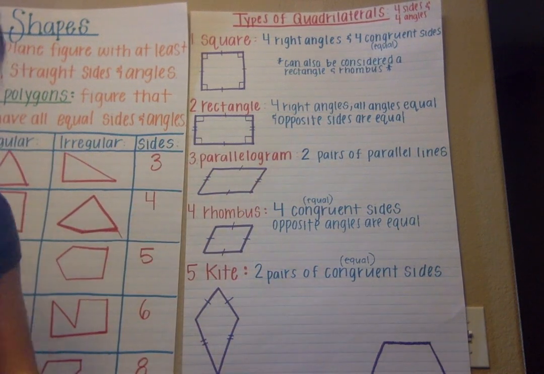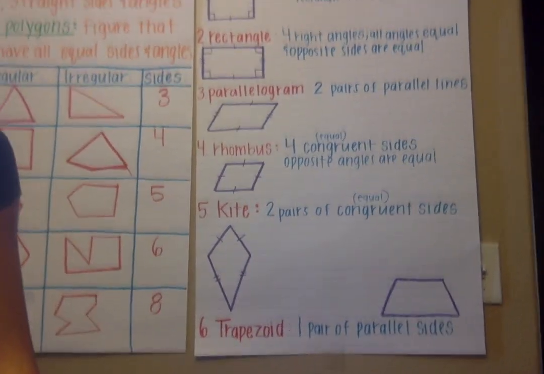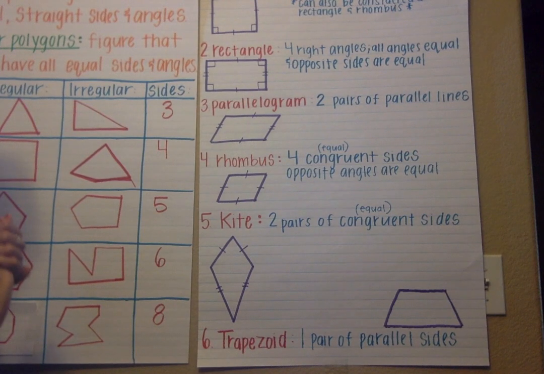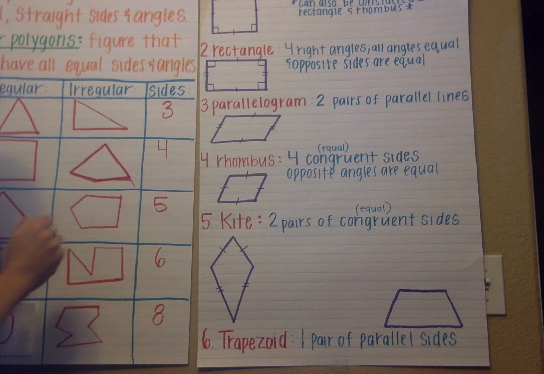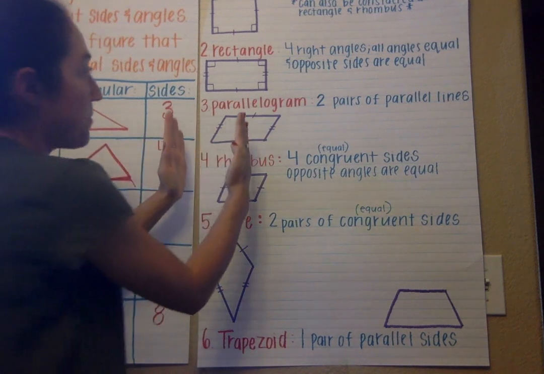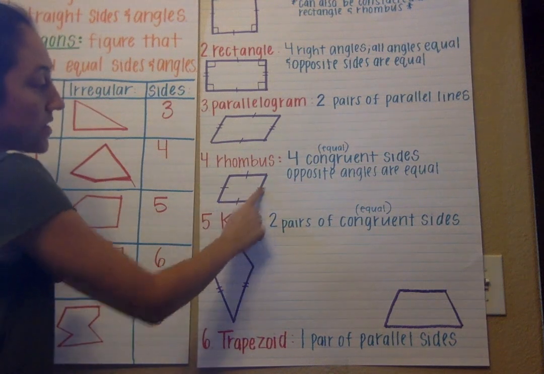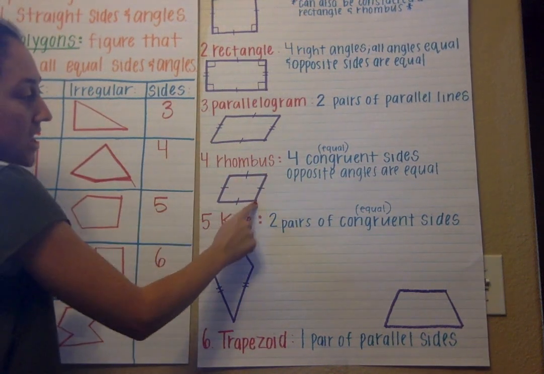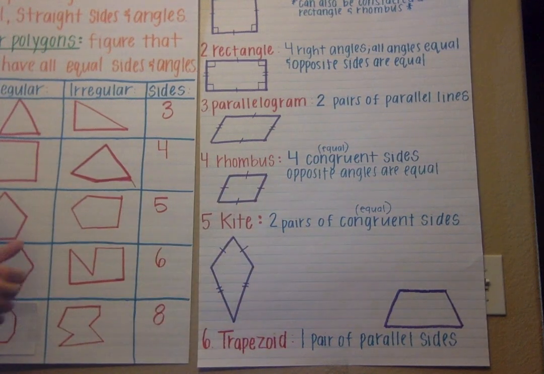A rhombus. A rhombus is the only other shape besides a square that is going to be considered a regular quadrilateral because all 4 of these sides are the same. It essentially is a square, but all I did was go whoop, and move it to the side. So these are all equal. If I took my ruler, they would probably each measure to about 4 inches.